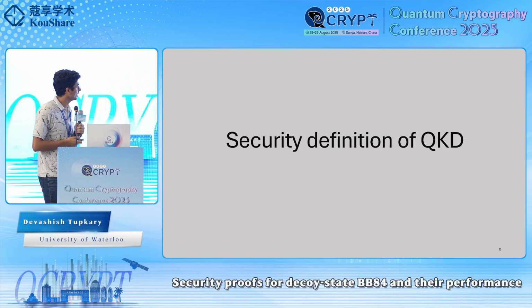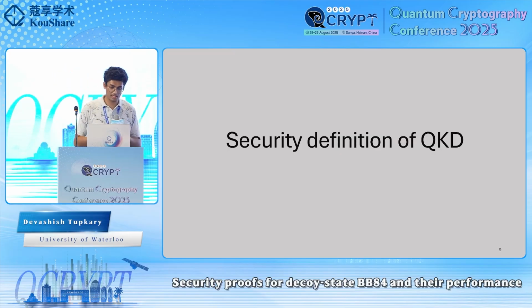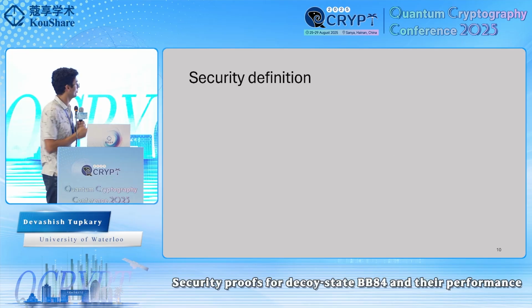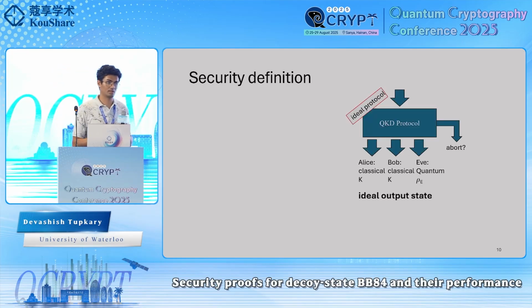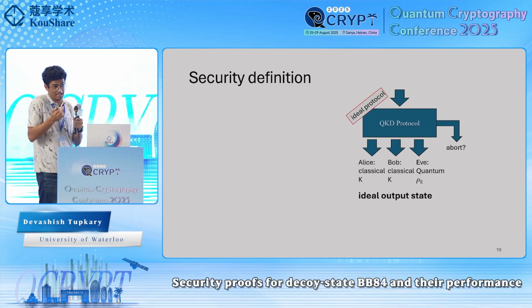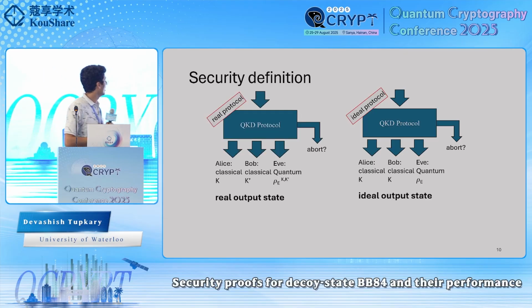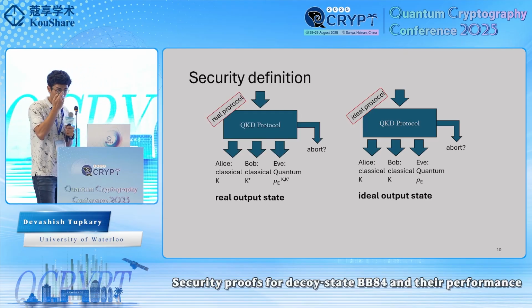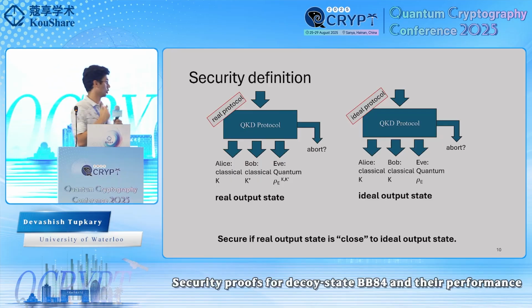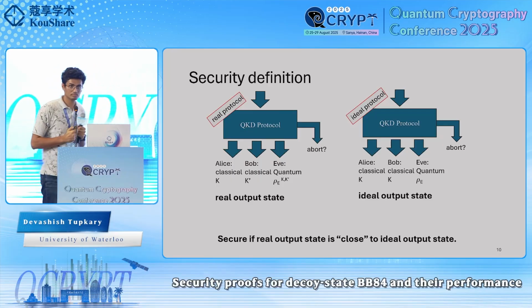Okay, so now we come to the security definition of QKD, where we are going to have some notion of an ideal protocol that runs and always outputs an ideal state that we would be happy to get. Then one has the real protocol, which is actually the one that you implement. And security is going to be defined as the scenario where the real output state is close to the ideal output state.